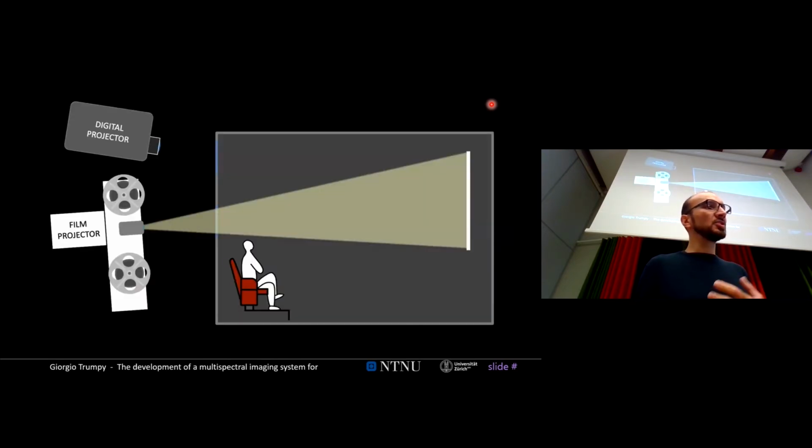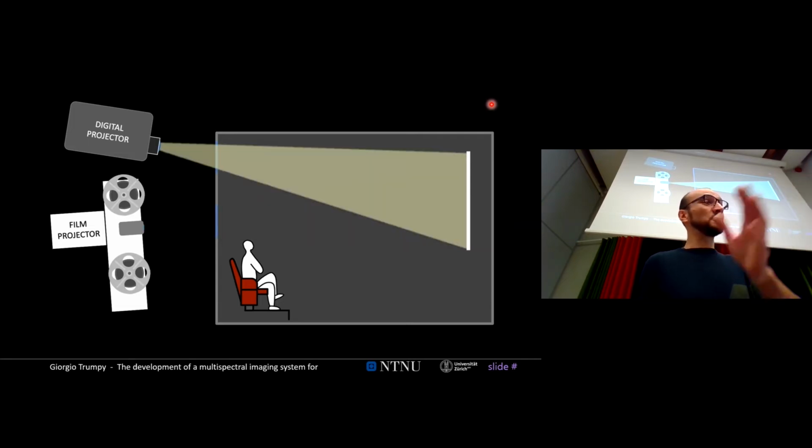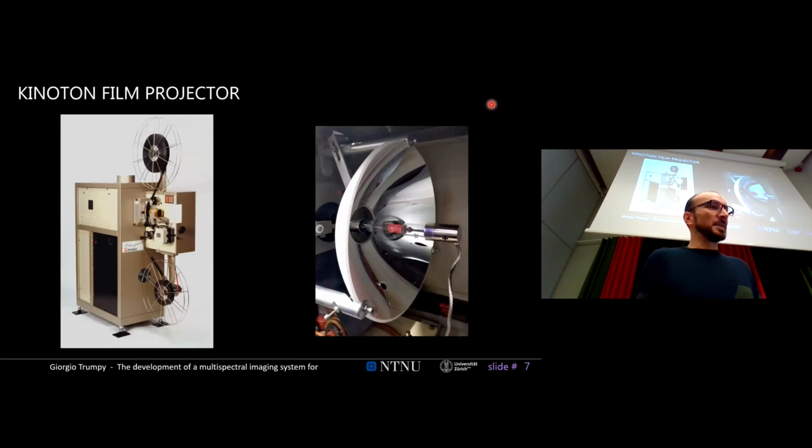When we digitize the film, basically what we are trying to do is to replicate the visualization event in a way that this observer here, who is watching the projection of the analog film, after this digitalization of the film and the projection with digital tools, will see hopefully the same thing.